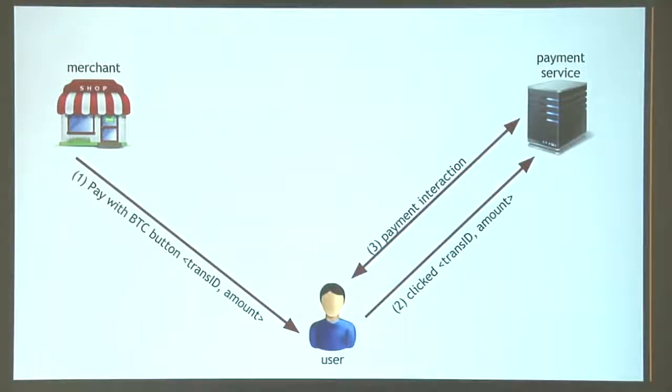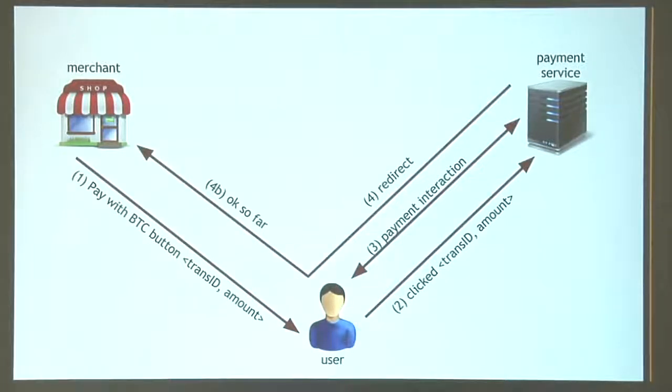Once the user has created that payment, then the payment service will send back information. Might be a redirect of some kind, maybe an HTTP redirect or something else that comes back to the user's browser and causes the user's browser to send a message on to the merchant from the payment service saying, it looks okay so far.